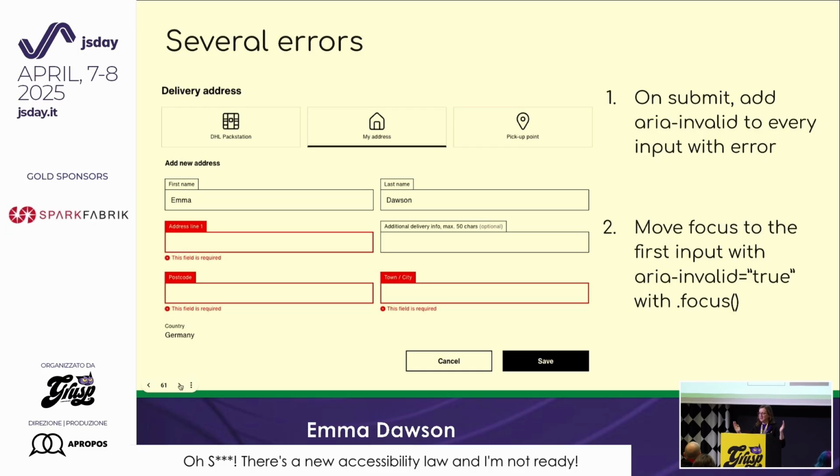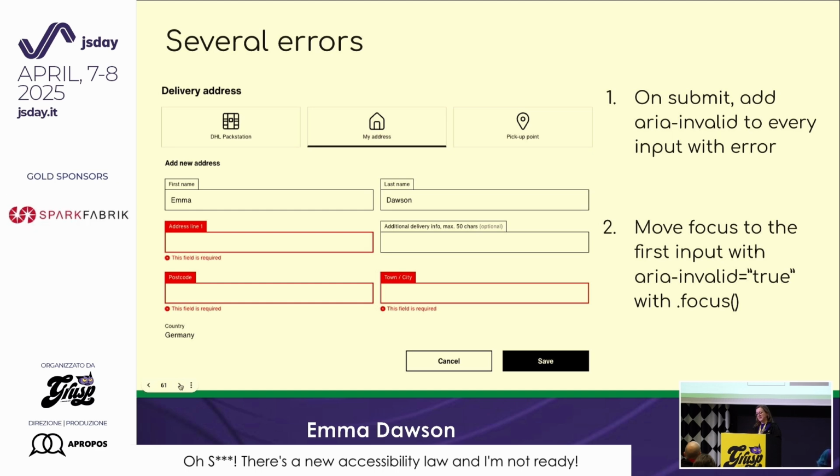Then we're going to have an array of inputs with aria-invalid on them, and we choose the first one, and we move with the .focus method to the first error in our form. The screen reader user will then hear that there is an error there, and then they can fix it, and then they will tab to the next input element, and hopefully they will also hear that that is invalid.